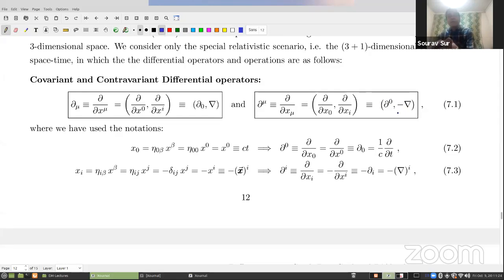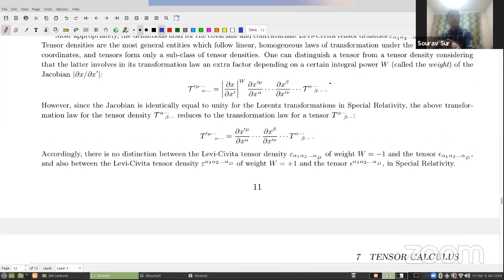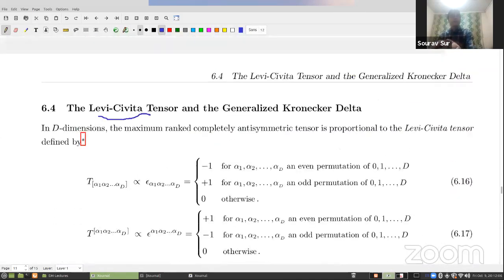Whereas if you consider a contravariant vector, A alpha, that has components A0 and A, whereas A downstairs alpha has component structure A0 and minus A. So see the difference. This has been done before.